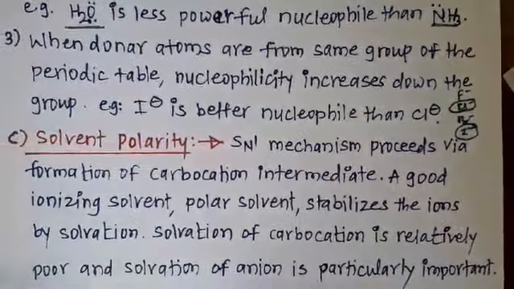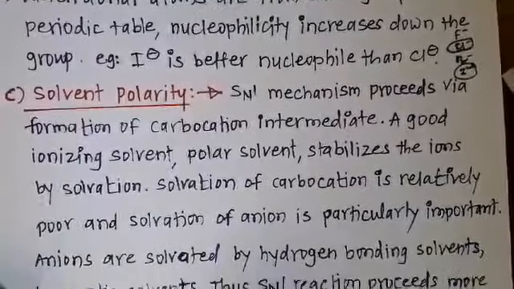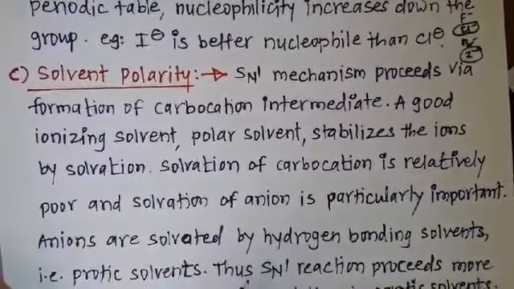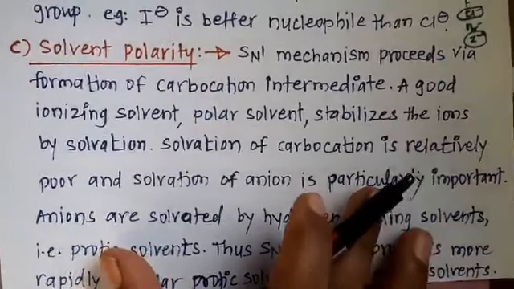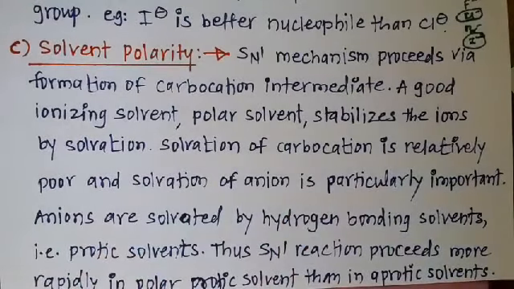The next factor which affects the rate of SN1 and SN2 reaction mechanisms is solvent polarity. We know that the SN1 reaction proceeds via formation of a carbocation.